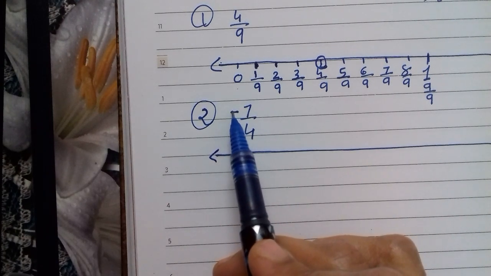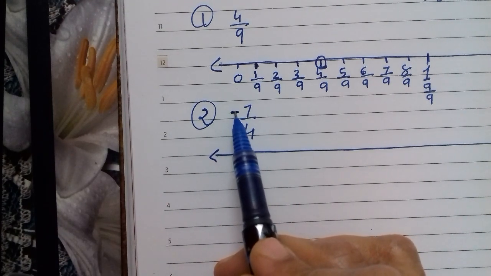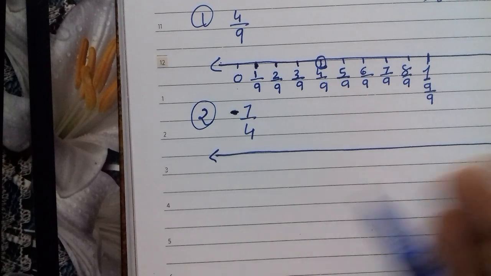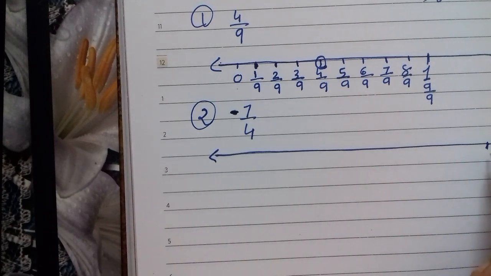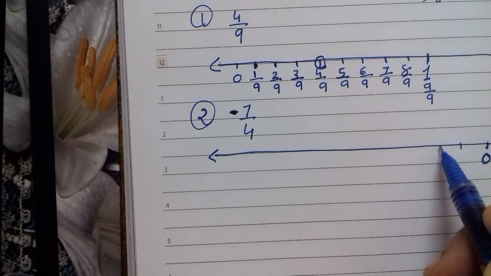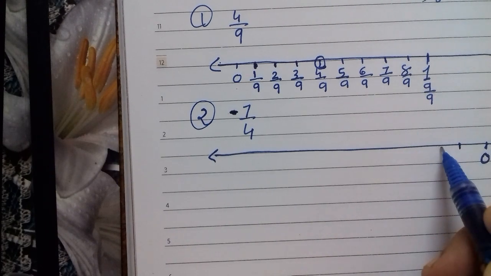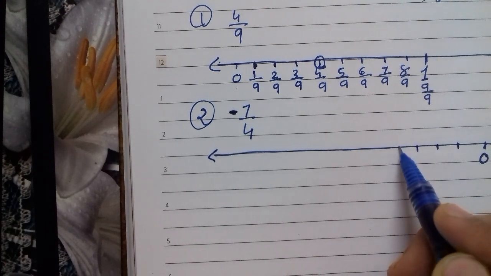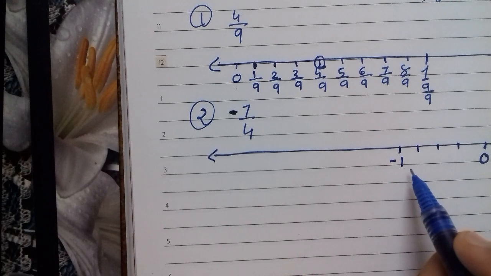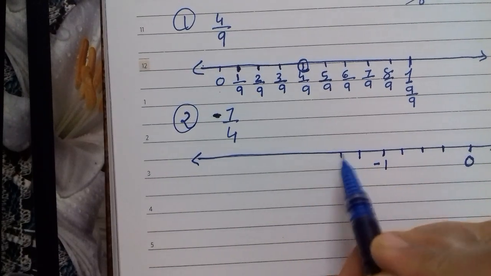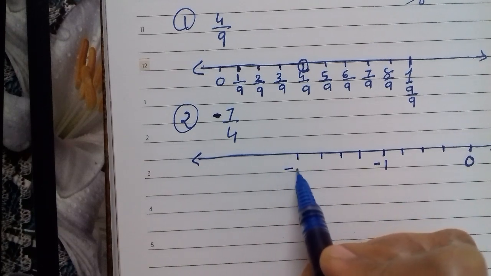Here the rational number is negative, with a minus sign. So starting from here, we make 4 equal parts for each unit. 1, 2, 3, 4, -1. This is the first unit. 1, 2, 3, 4, -2.